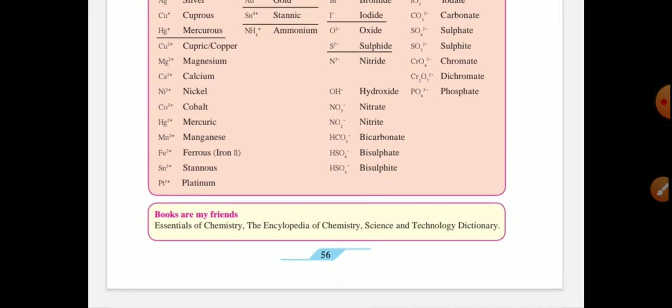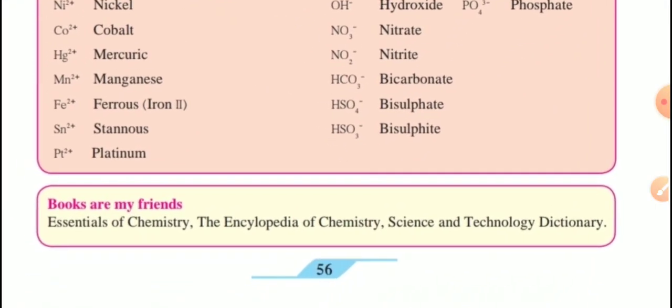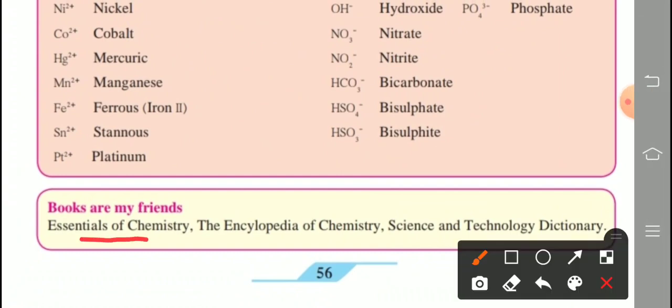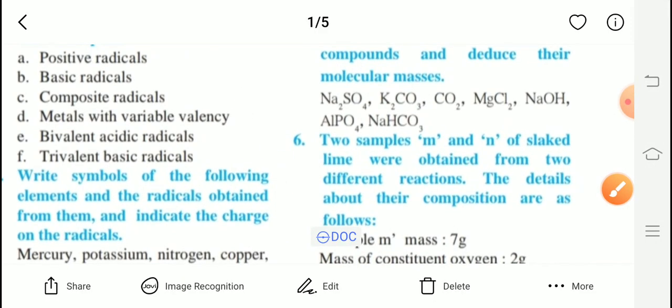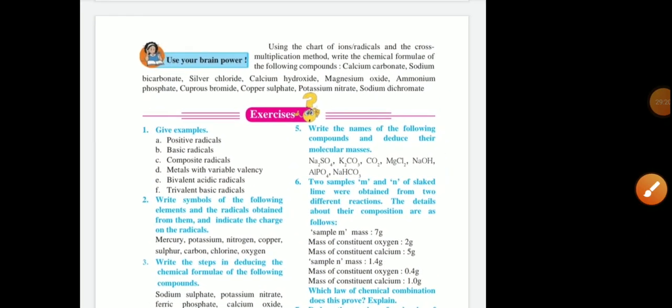This is the basic part given here. Do the study properly and see there. Books are my friend. If you are interested, then try to read this book if available in our library. Last 4 lines. Use your brain power.